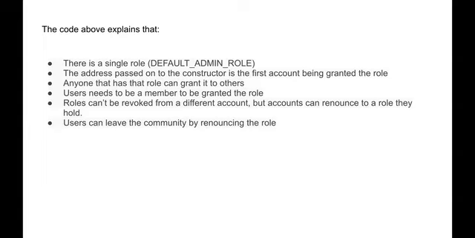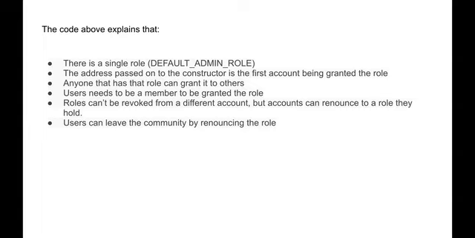So the code above explains that there's a single role there, the default admin role. We also have onlyMember, which is like the basic requirement for anybody who wants to change role. So we only have the new role as the admin role. Now the address passed to the constructor is the first account being granted the role.